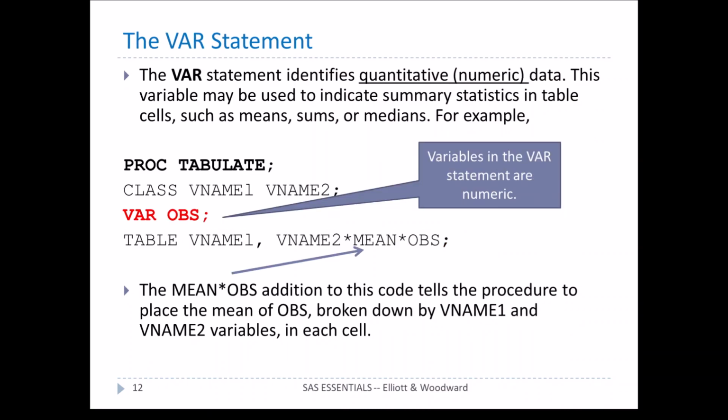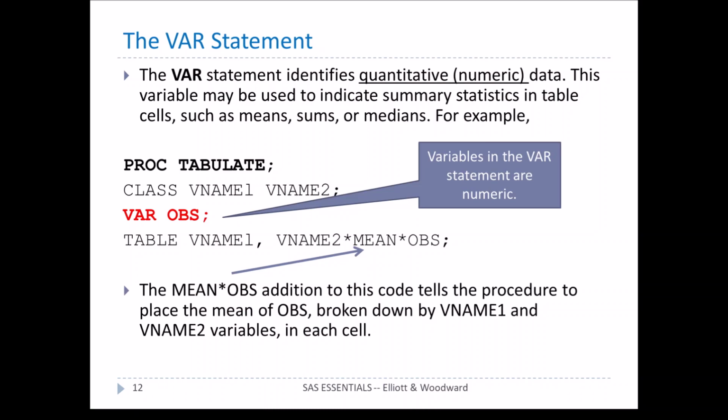Okay, so let's examine the var statement then. The var statement identifies quantitative or numeric data. This variable can be used to indicate summary statistics in the cells, such as means, sums, and medians, and we'll have examples of that. So here we have a PROC Tabulate where we have the class variables, just like we saw earlier, and now we're going to add a var statement, OBS.